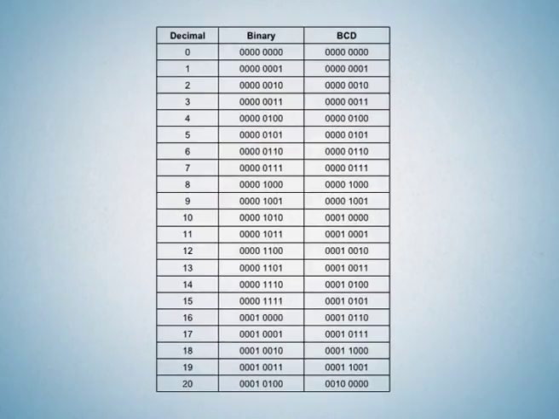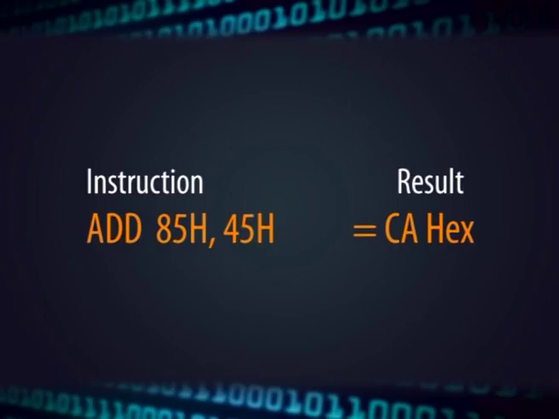As we know, in BCD format, 4 bits are allocated to every digit. So 4 bits in binary are needed to represent a digit. That means the number 85 will be stored as 85 hex, and the number 45 will be stored as 45 hex in BCD format. When the addition of these numbers is performed using the add instruction, the result is CA hex.